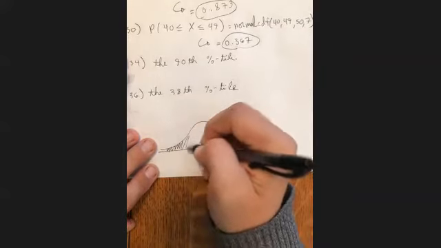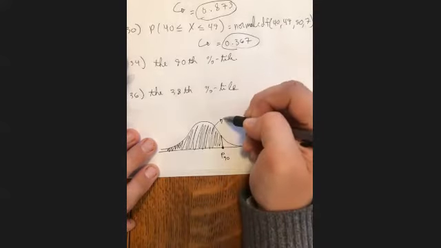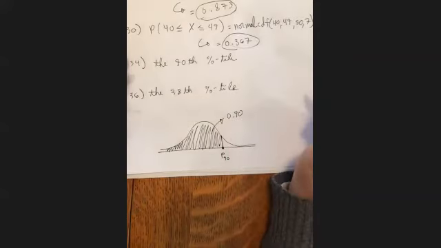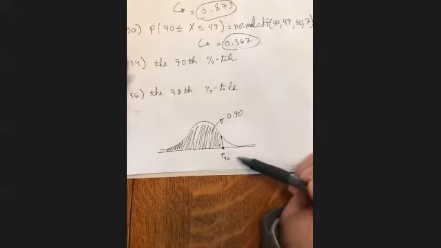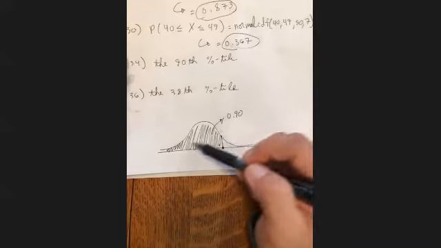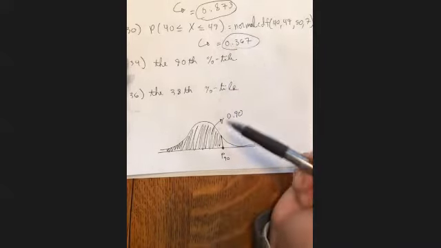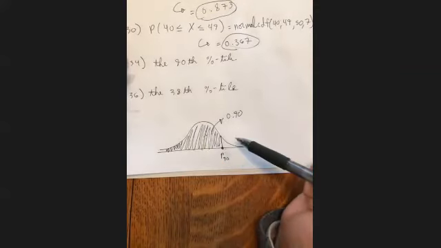And that P90 is the x value that corresponds to the lower left area of 90%. So that's what we're looking for, this P90, the value on the x-axis. We're not looking for the area. When we're computing probabilities, we're finding the area. Here we have the area, we don't have the value.